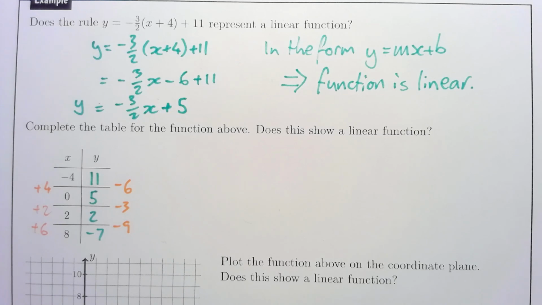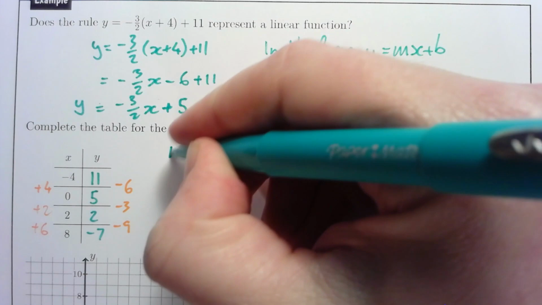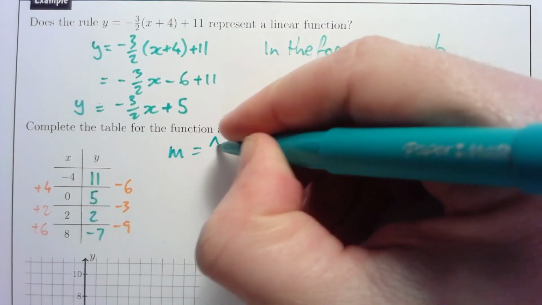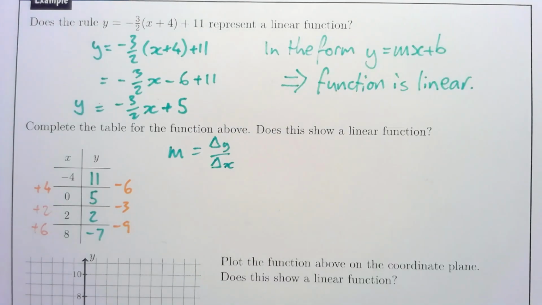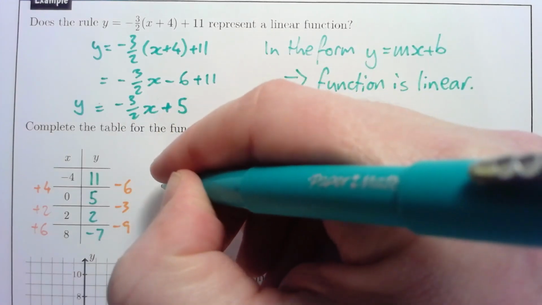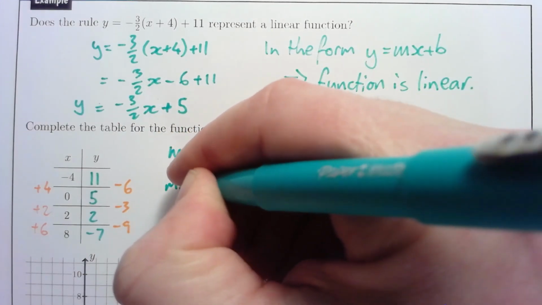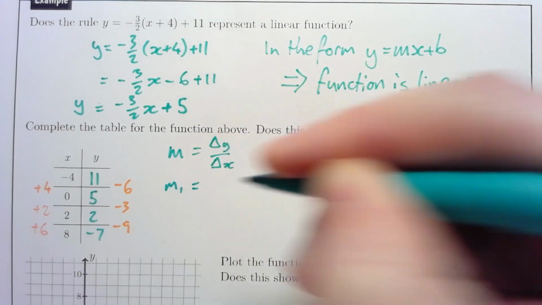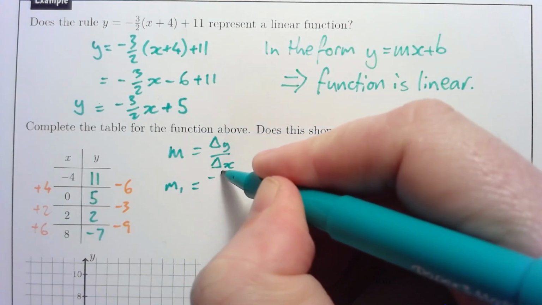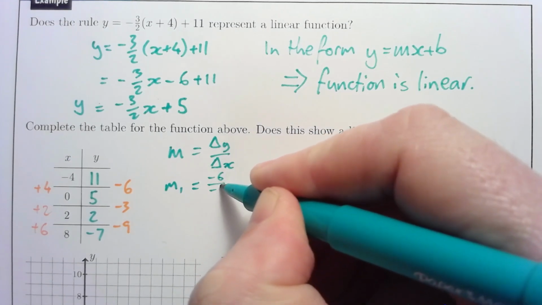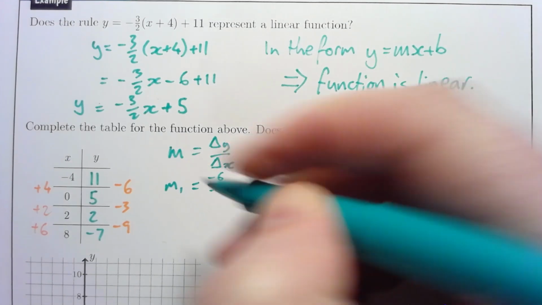But that's not what matters. What matters is whether the rate of change is changing. And the rate of change is delta y, change in y, divided by change in x. So let's work out what these changes actually are. I'm going to label these with subscripts so we can tell that these are separate changes. So the first rate of change will be negative 6 divided by positive 4.